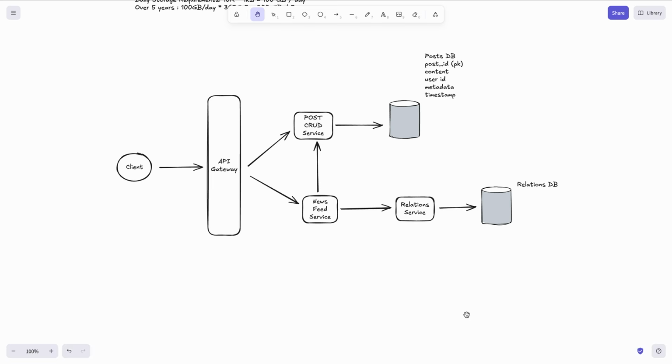And we have identified a major bottleneck, that is fetching the feed on the fly when the newsfeed service receives the request for each user. Hitting the post DB repeatedly for every user's feed is going to be incredibly slow, and we won't meet our latency goal.